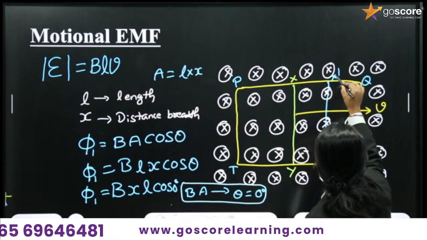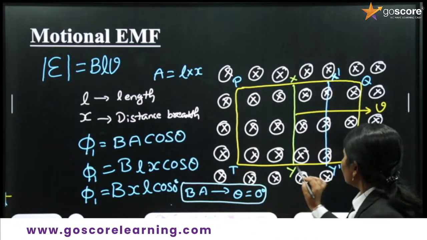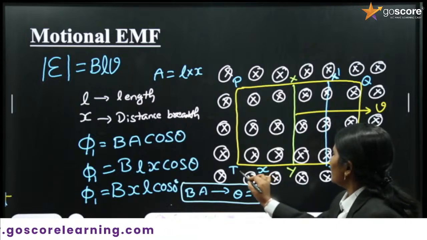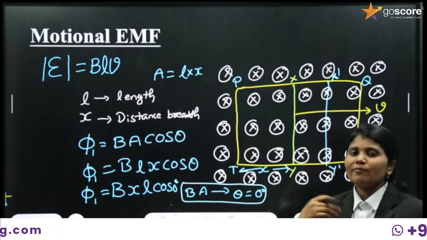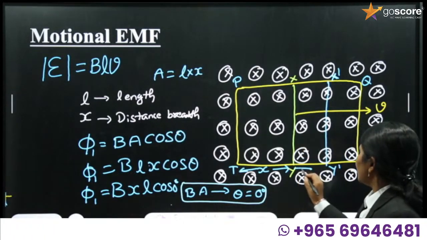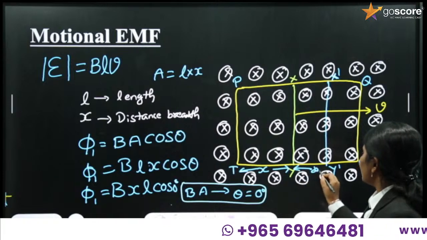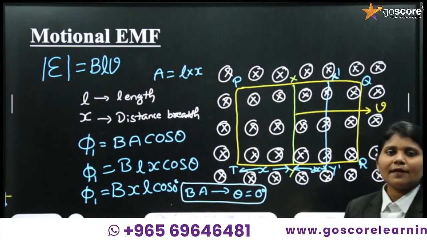The length of the wire up to here was X. Then I apply some velocity and pull the wire like this, so the displacement increases. That increased displacement we indicate as dx.